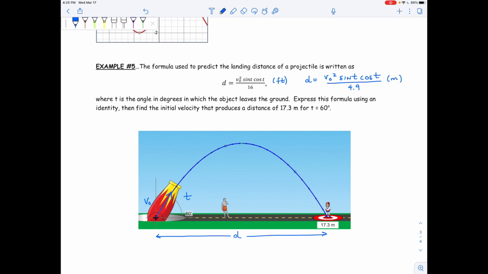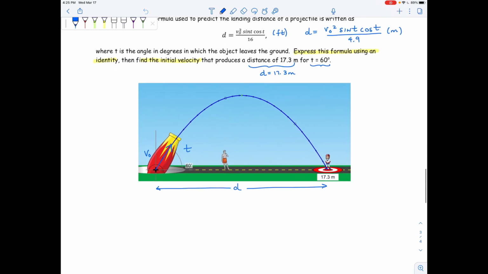So our goal here is to find the initial velocity. First of all, it's to express the formula using an identity, and then find the initial velocity that produces a distance of 17.3 meters for the angle of 60 degrees.